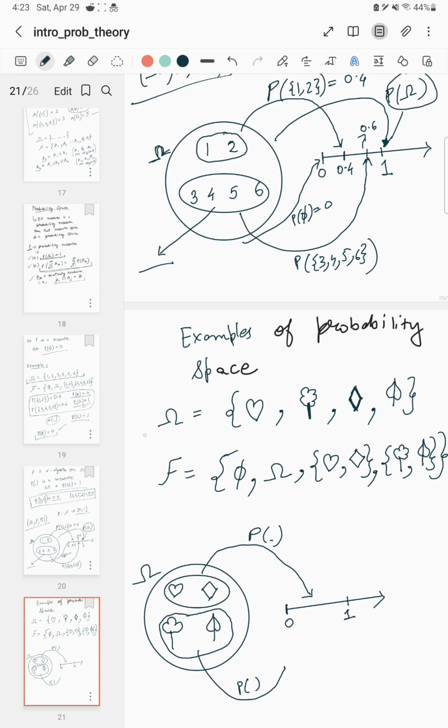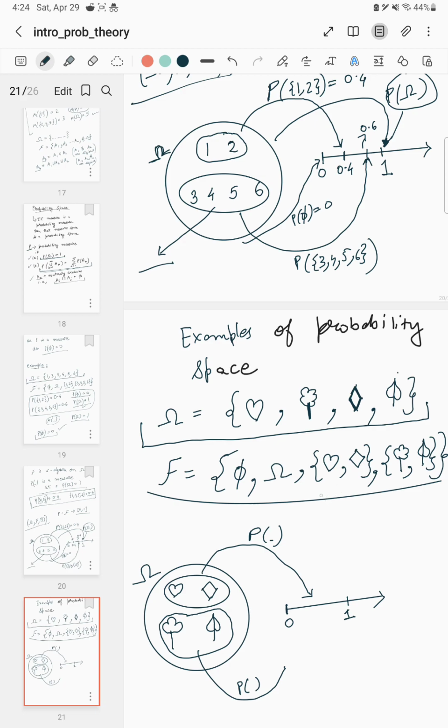Your sample space omega would be this: hearts, clubs, diamond and spade. Let's define a sigma algebra such as this. I am defining the null set phi, and I am defining omega.